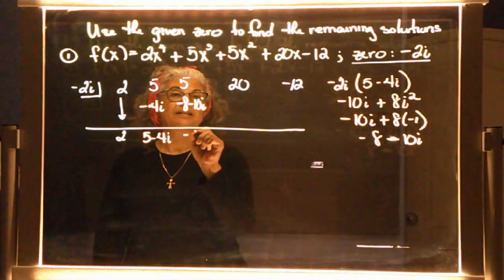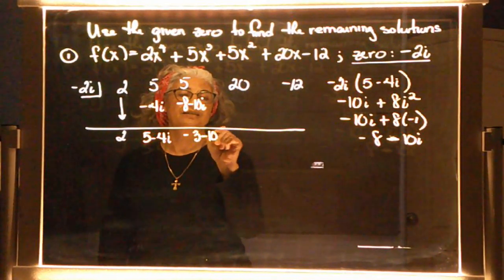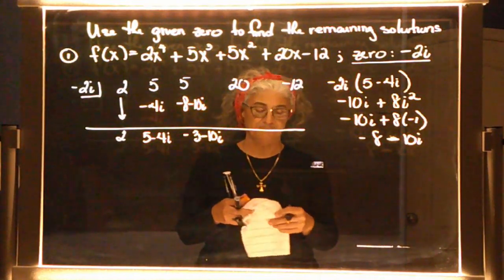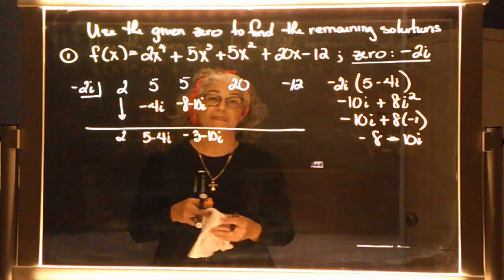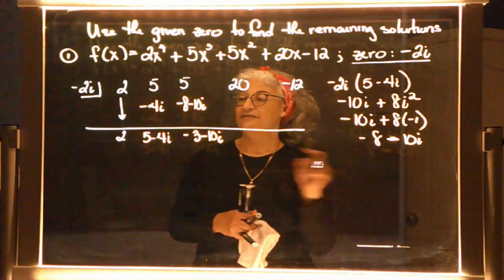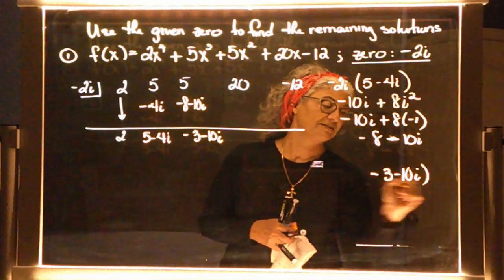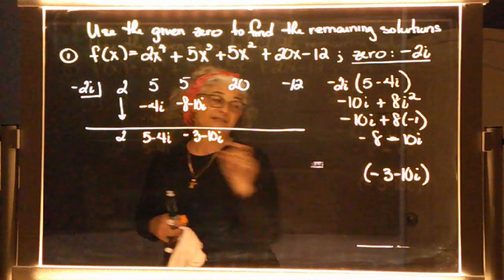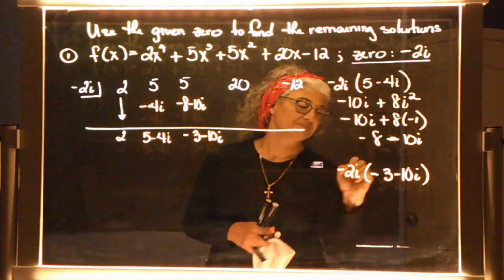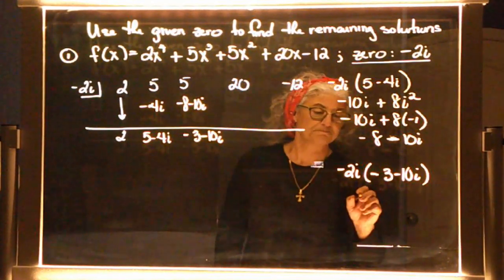That gives me a negative 3 minus 10i, doesn't it? Okay, so I have to take this negative 3 minus 10i, and I get to multiply it by this negative 2i, don't I?